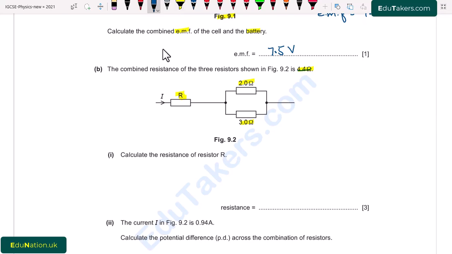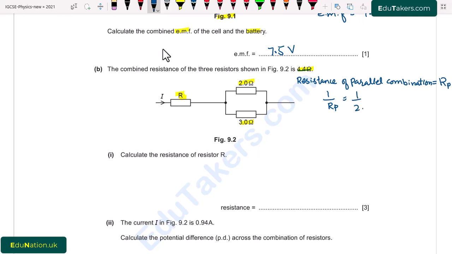I write here the resistance of parallel combination, which I represent by Rp. So in a parallel combination, when we have to find the equivalent resistance, 1 over Rp will be equal to the sum of the reciprocals of each resistor in this combination.